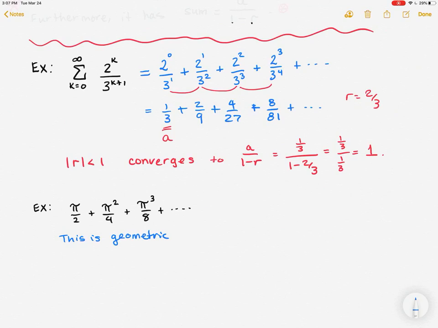I am taking each term and multiplying it by pi over 2. Pi over 2 times pi over 2 gives me the pi squared over 4, times another pi over 2 gives you pi cubed over 8, and so on. Pi over 2 is 3.14 divided by 2, so that's bigger than 1. This series diverges.